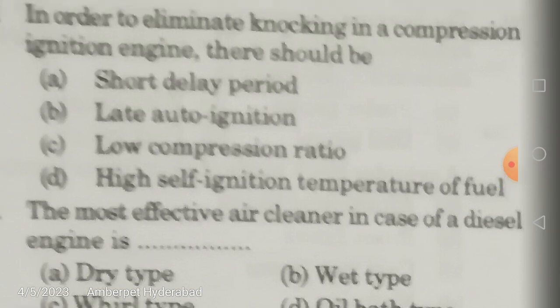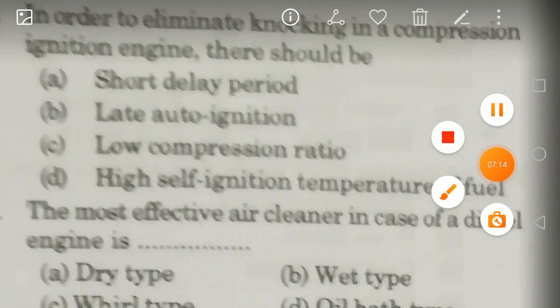So another flame front will start from the BDC side. Because of the flame fronts simultaneously starting from TDC and BDC, a lot of heat is generated and there is a sudden, uncontrollable pressure rise even on the power stroke, and the phenomenon is known as knocking.